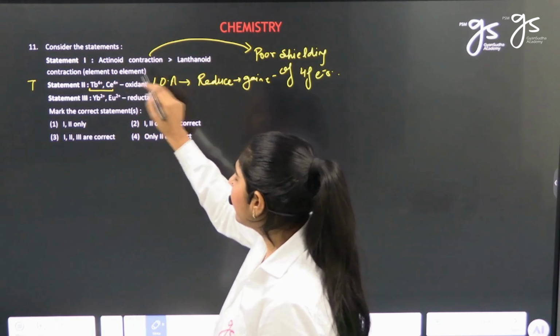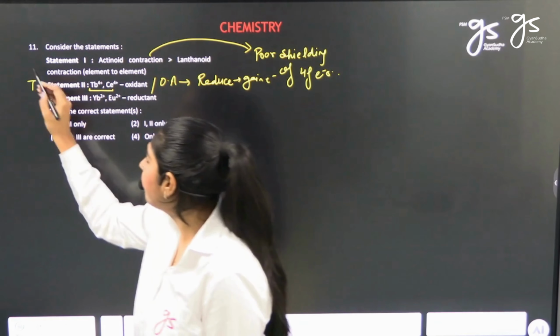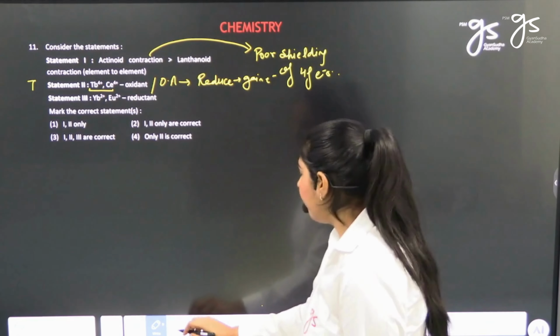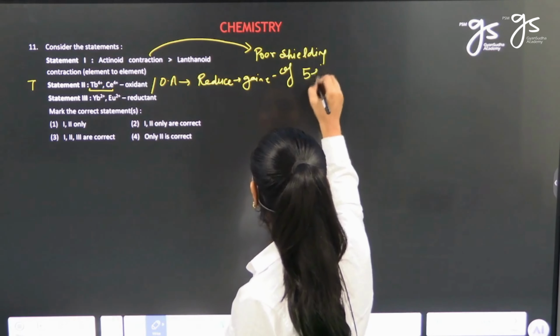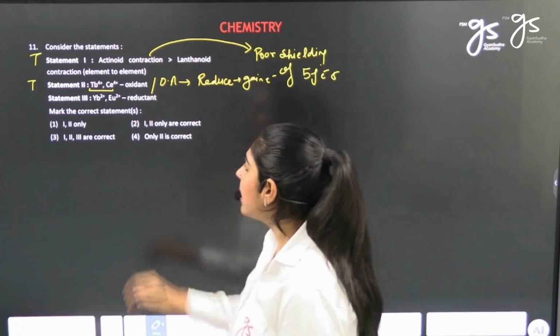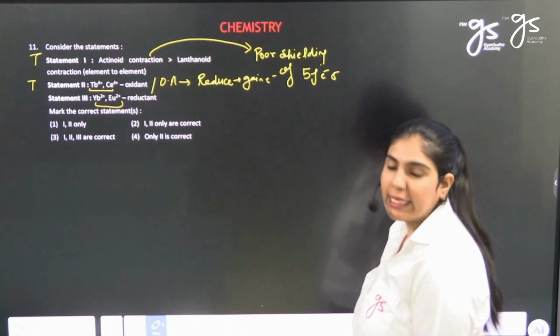Statement 1, actinoid contraction is more than lanthanoid, yes, due to the poor shielding of 5f electrons. So there will be 5f electrons. So this is also a true statement. Now statement number 3, this is having ions called as reductant, right?